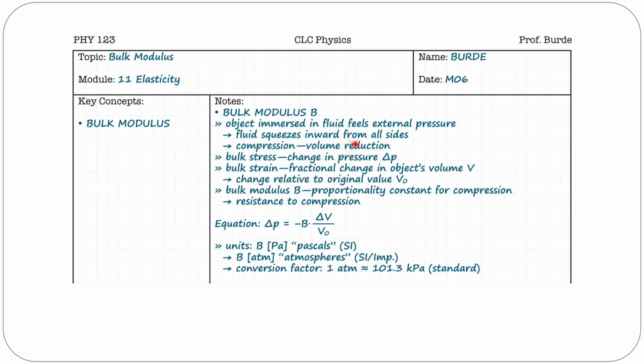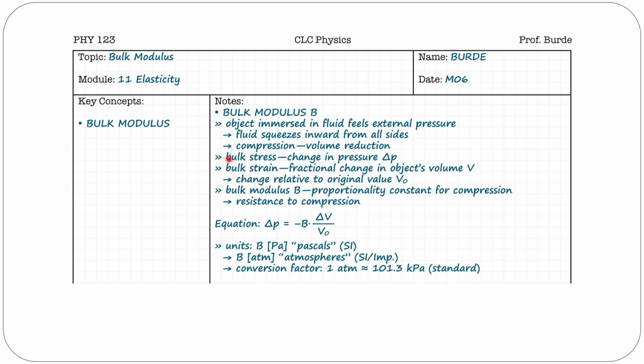You can imagine what's happening here is that we're going to have compression and volume reduction. Imagine if you had an object that we lower into the depths of the ocean. As you go deeper and deeper, the water pressure increases, and that is going to compress the object and make it shrink somewhat.